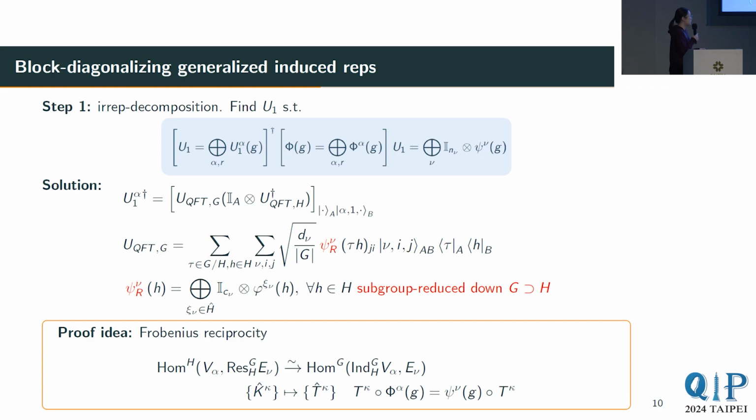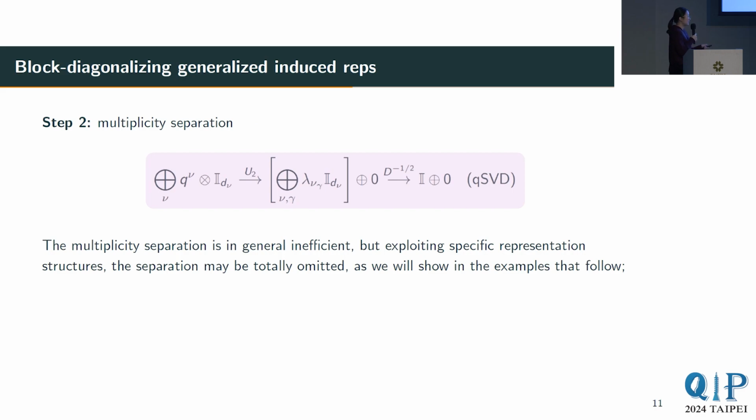So that means that it will preserve the group action, and so will the matrix form preserve the group action. So T kappa, where kappa labels the basis elements, is actually a part of the unitary matrix U1 alpha. And by stitching together across different basis elements and across different irreps nu of G in the induction, we can obtain the U1 alpha.